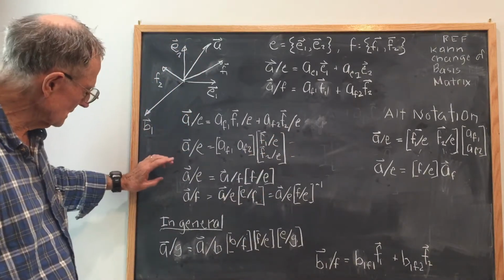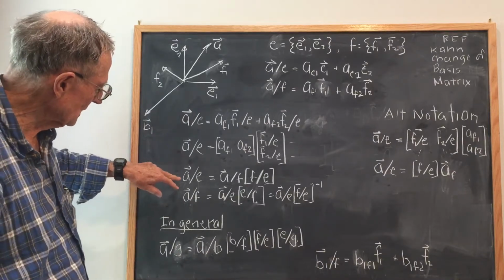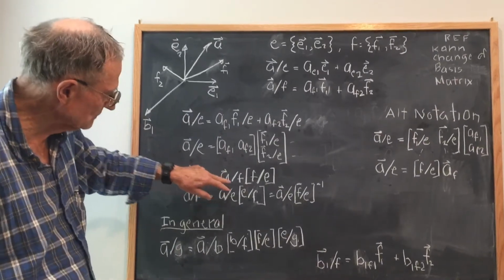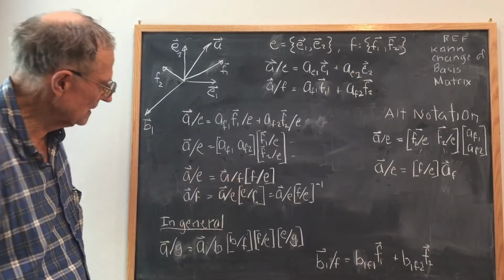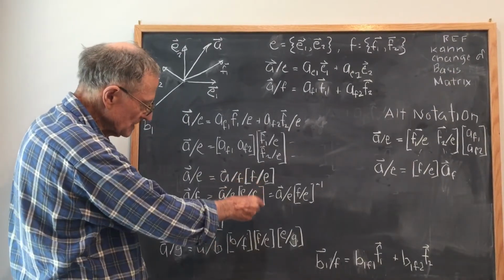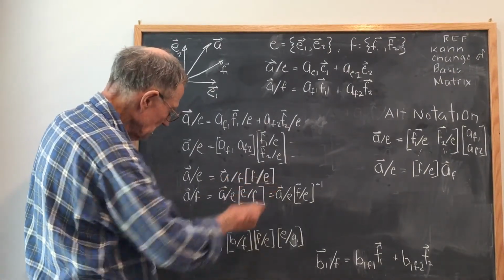So I can rewrite that as A with respect to E is the vector A with respect to F times the change of basis matrix F with respect to E.